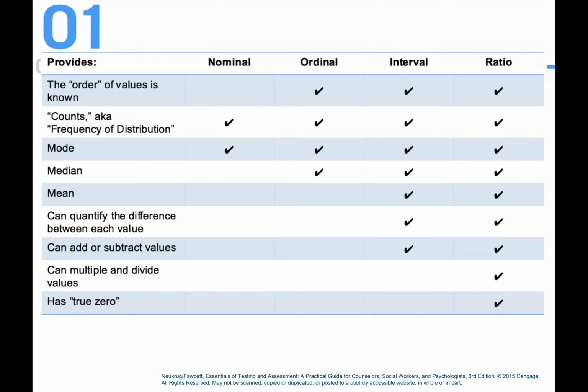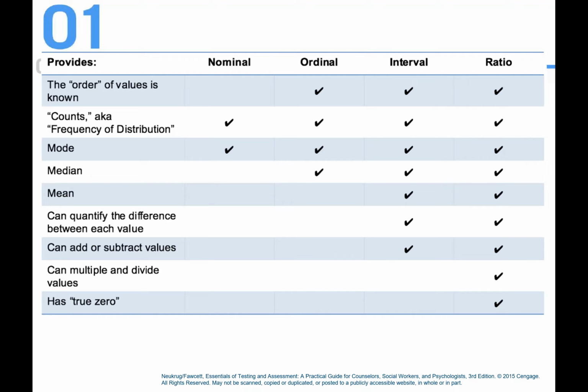So I can't calculate a median, a middle, there's no quantitative value to get a median value. But I can do that with ordinal. I can do that with interval. I can do that with ratio. If I wanted to calculate the mean, I can't do that with a nominal and ordinal variable, but I can do it with an interval and a ratio scale.